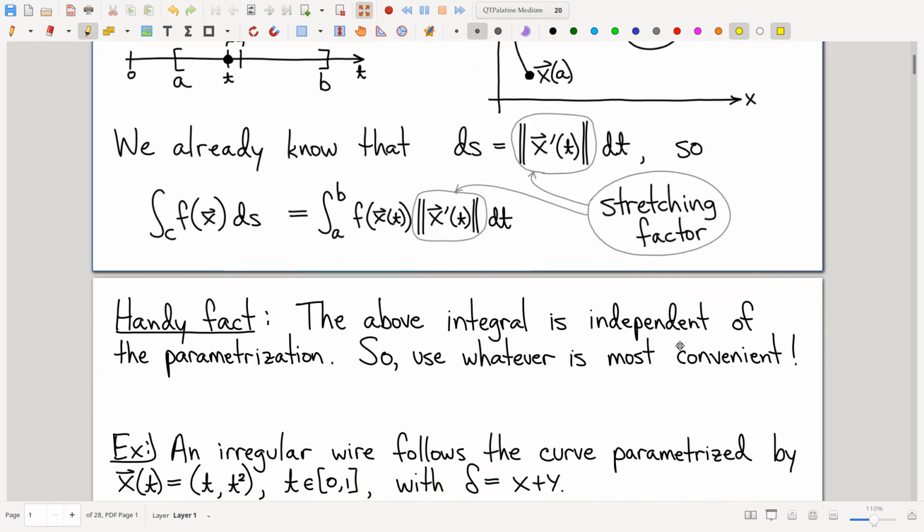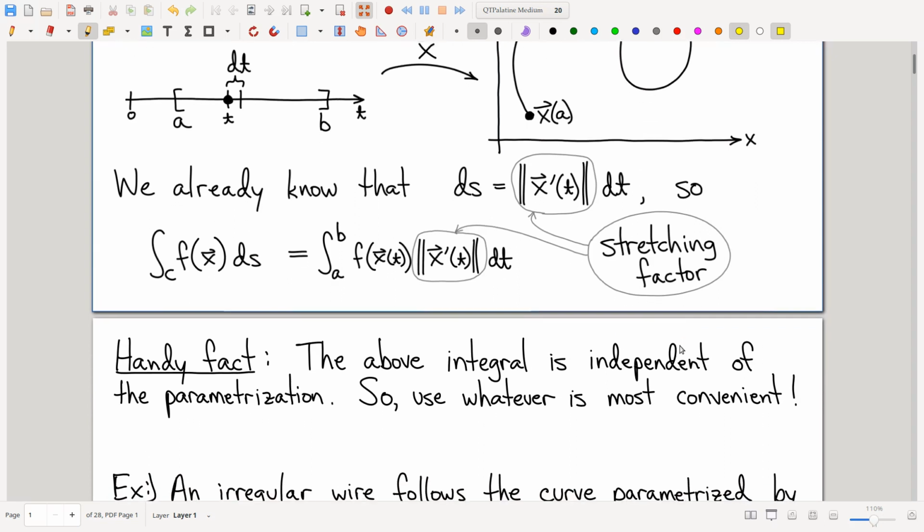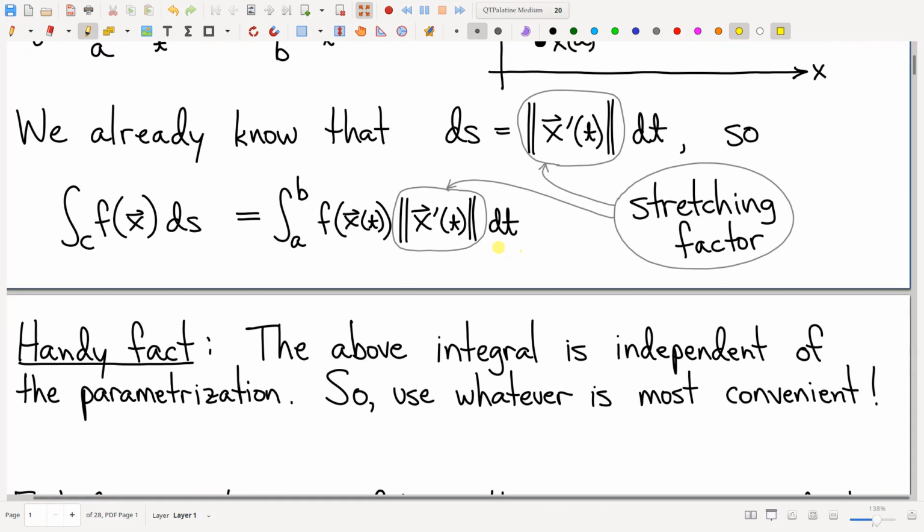Okay, so here's a quickie little comment that needs to get made. There is something a little disconcerting about this formula. Notice that in this formula that we're going to use to compute these scalar line integrals, the parameterization is in there a couple of times.